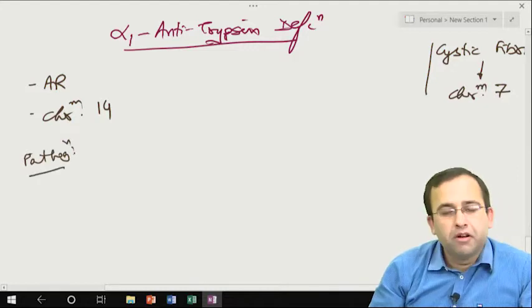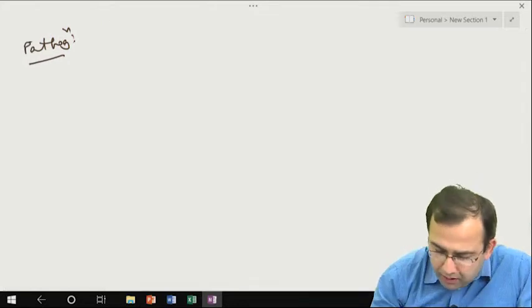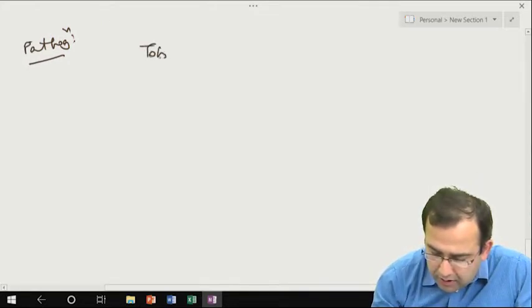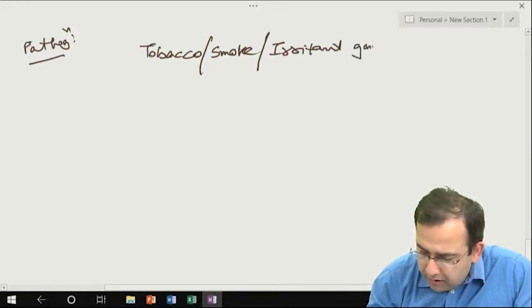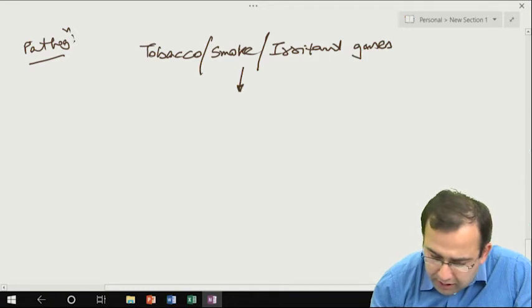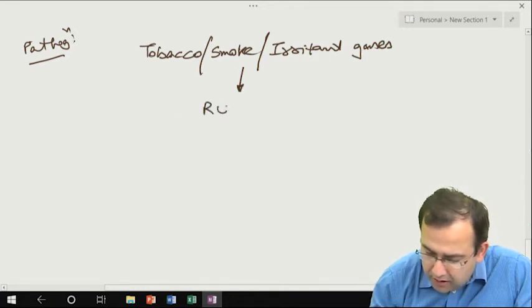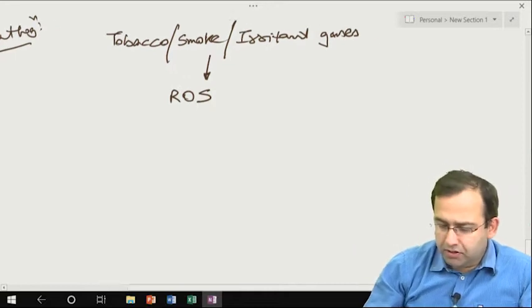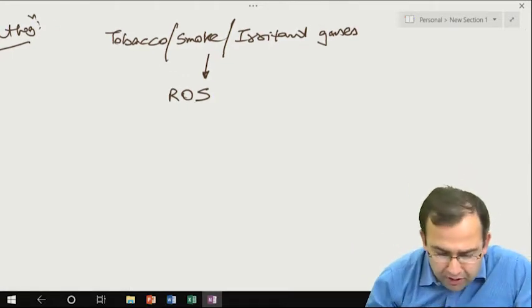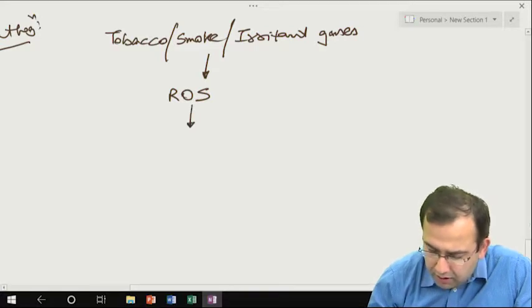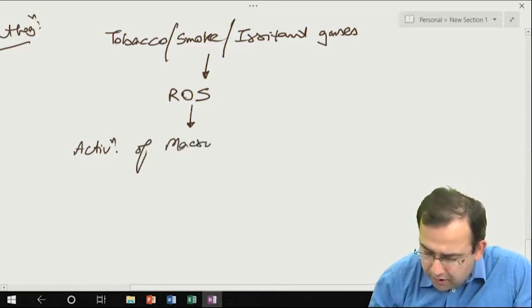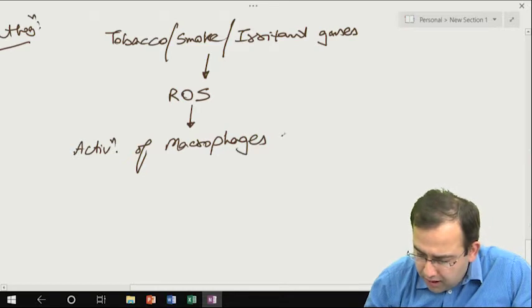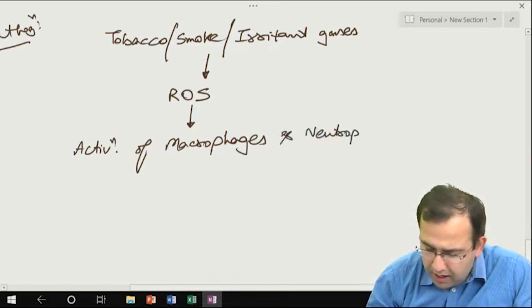Tobacco smoke or irritant gases lead to the formation of reactive oxygen species or free radicals, which in turn lead to activation of macrophages and neutrophils.